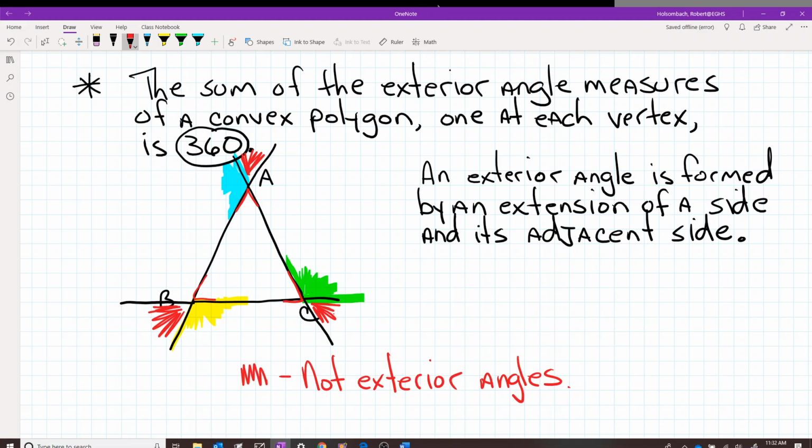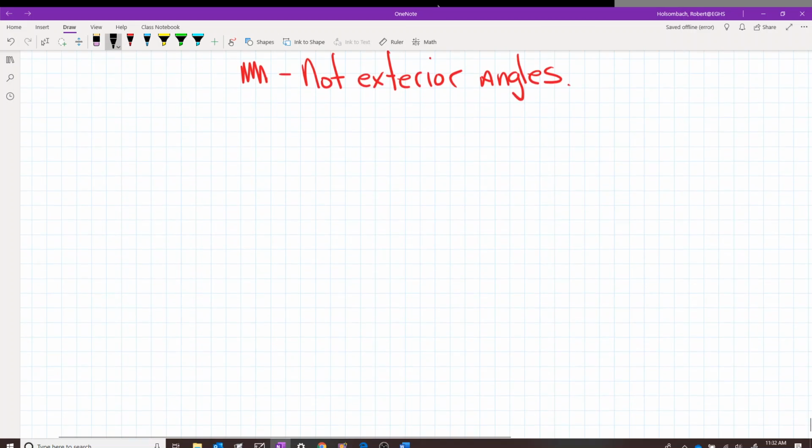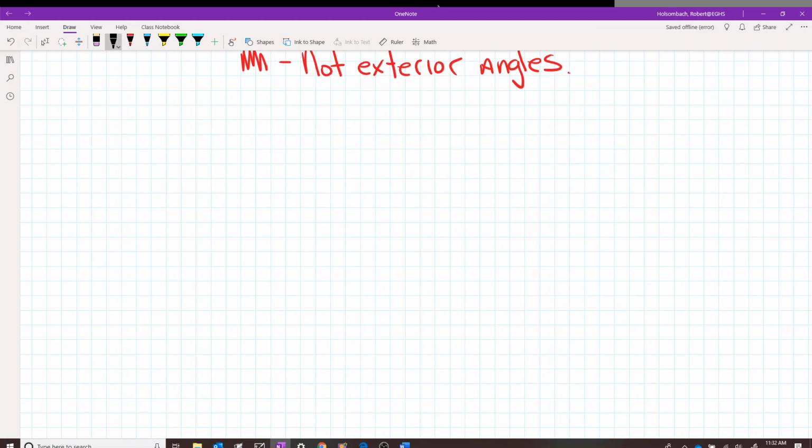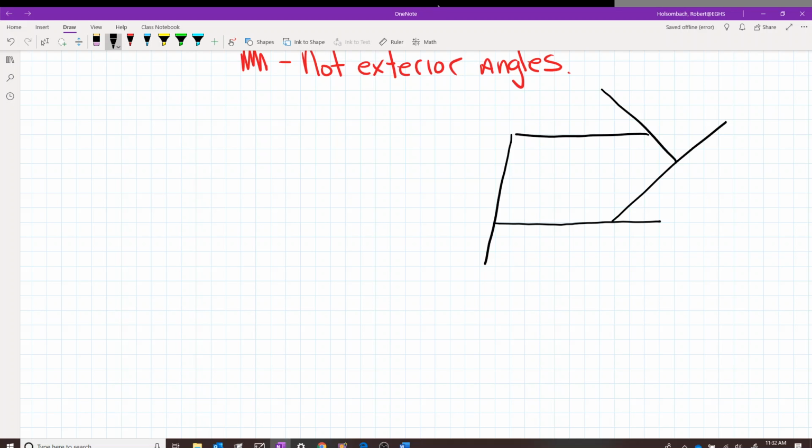Look at the top of page 397. We're going to do an example problem. So we've got this five-sided shape right here that goes kind of down and to the left a little bit. Then we've got a horizontal piece, a diagonal piece, another diagonal piece, and then we're going right there. So it's a 1, 2, 3, 4, 5-sided shape.